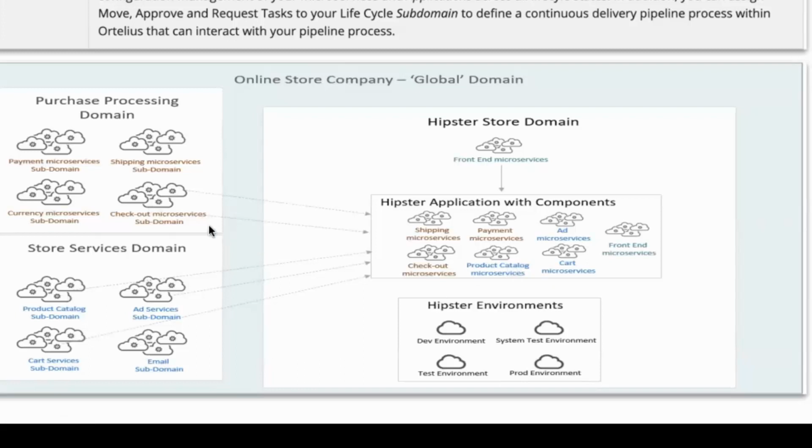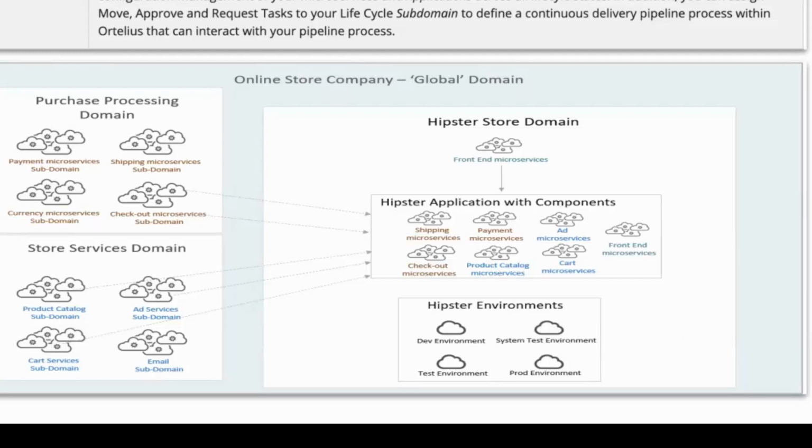So all these subdomains are categorized into my hipster application with components. Using the project domain and project subdomain, we can see all the microservices in the subdomains. As we can see, we now have these 7 microservices as a whole in my application. We can also see a picture of the hipster environments.